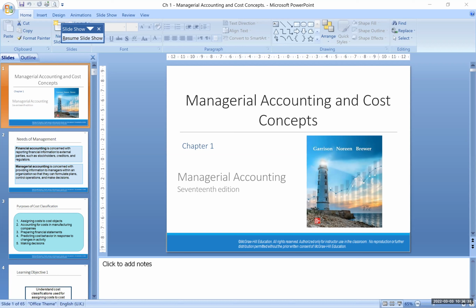Learning objective number 4, understand cost classification used to predict cost behavior. And we have 3 categories for the behavior of the cost. We have variable cost, fixed cost, and mixed costs.